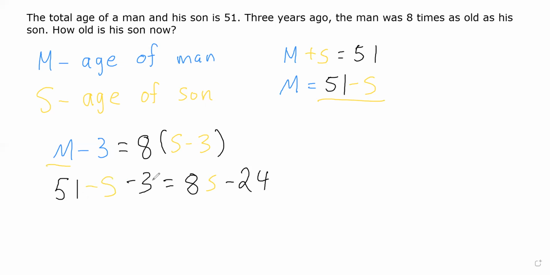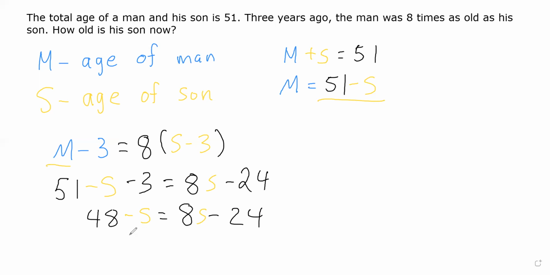Okay, so what do we have? We have 51 minus 3, which is equal to 48 on the left-hand side. 48 minus S, this is equal to 8S minus 24. So let us move the variable S on one side and the constants on the other side.